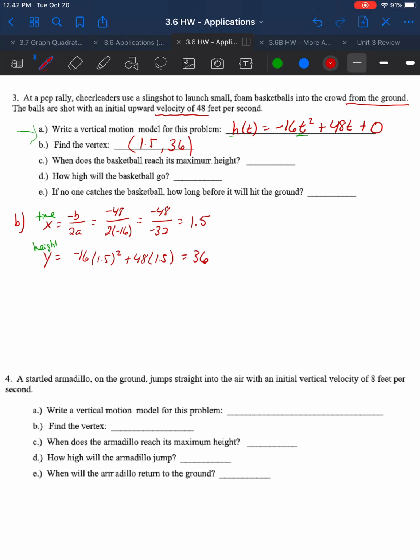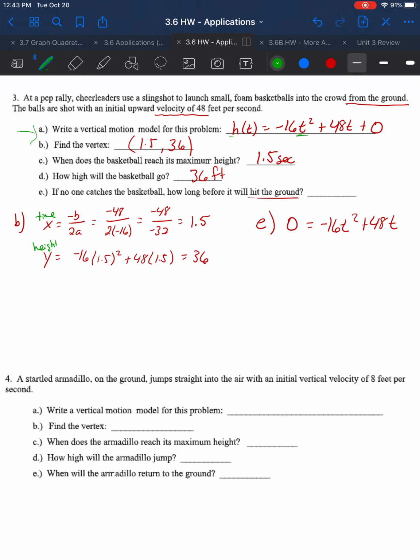Oops, closed my parentheses too soon, didn't I? So remember, in this problem, for this equation, what does t stand for? Time. So x is my time, y is my height. So on part C, when does the basketball reach its maximum height? That happened at 1.5 seconds. How high did the basketball go? That's the 36 feet.